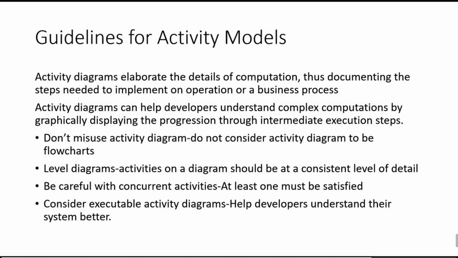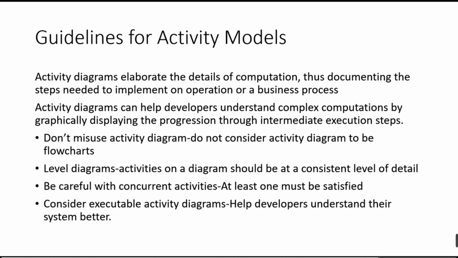And these are the guidelines for the activity models. Activity diagram elaborates the details of computation, or the details of algorithms. It means that it's used to show the details of an operation or business process.